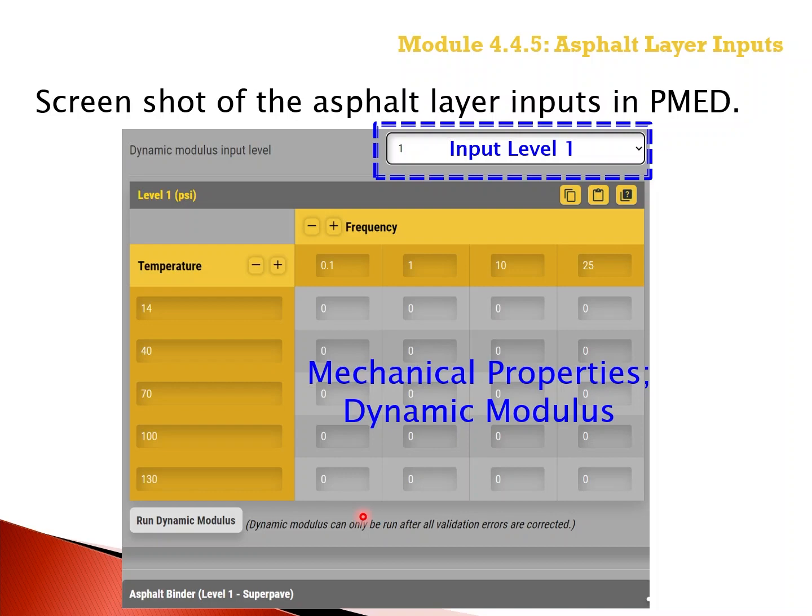The dynamic modulus master curve does not need to be generated by the user. The software will calculate or derive the master curve from the laboratory measured values of dynamic modulus as a function of temperature and loading frequency.